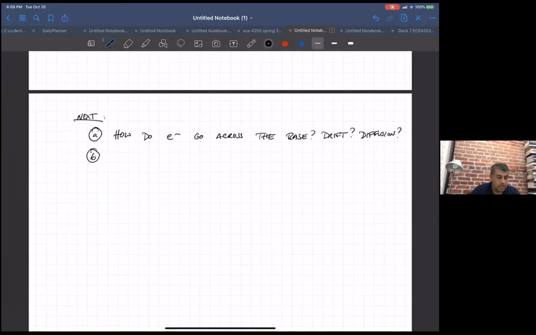Second question is, how does collector current depend on terminal voltages?